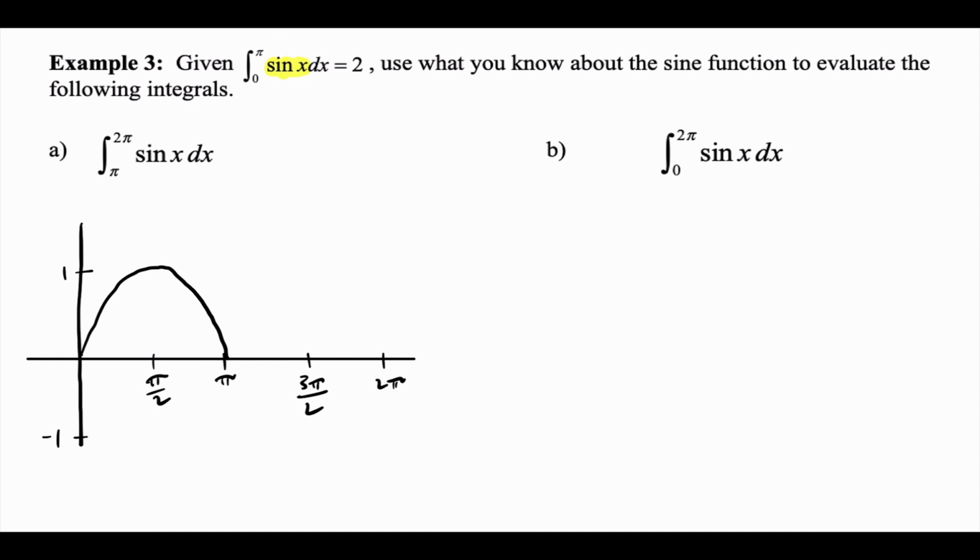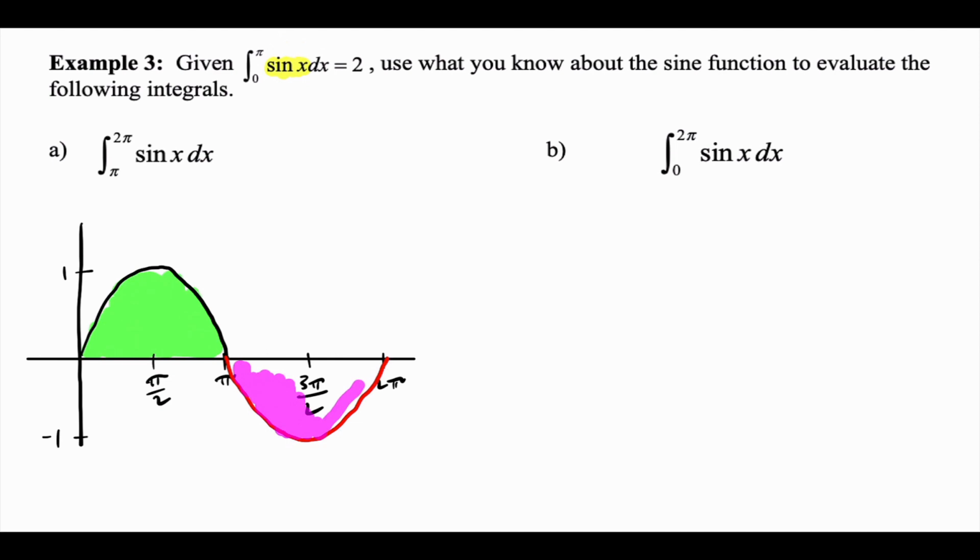That's what sine of x looks like from 0 to pi. And then it continues, like that, right? So from 0 to 2 pi, that's one phase or one cycle, or whatever you want to call it.